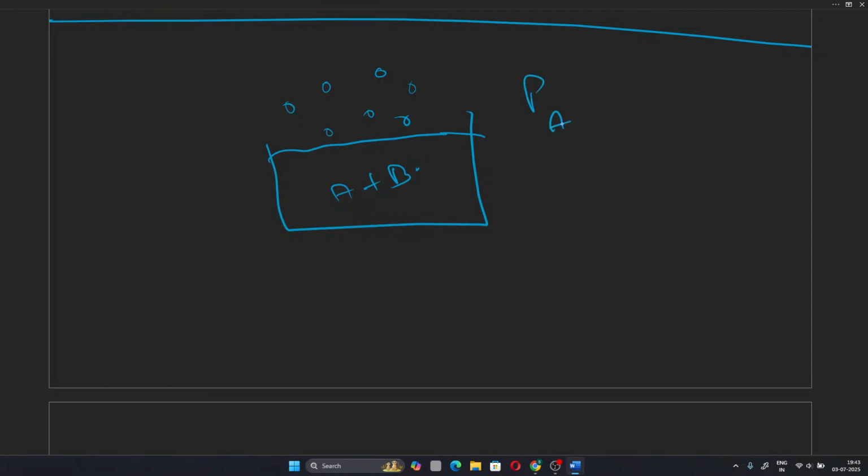So if the partial pressure of A is higher, then more molecules of the A component are in the vapor phase.